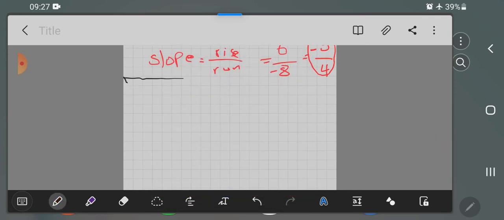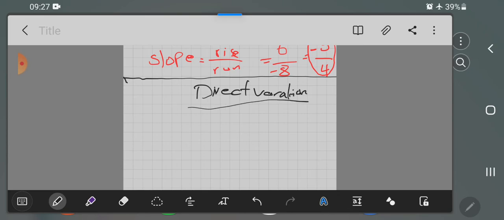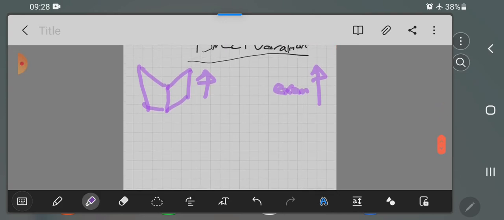Let's take our direct variation. What is the meaning of a direct variation? Direct variation means if you study hard, what about your exam? In the exam, you will get high marks, right? It's direct variation.